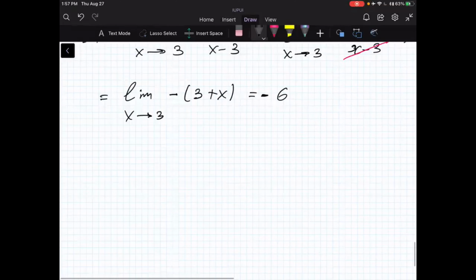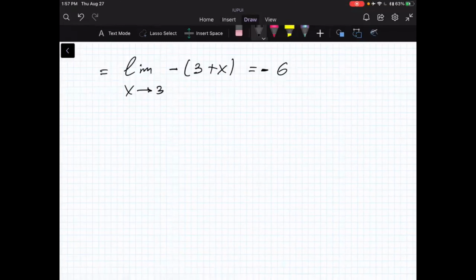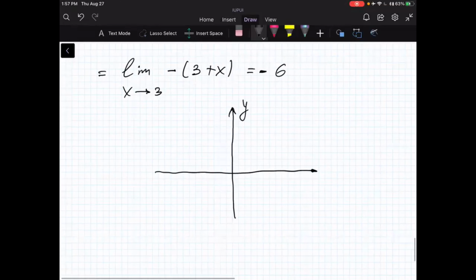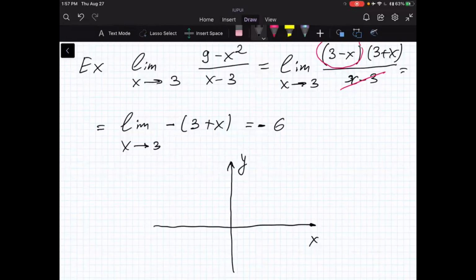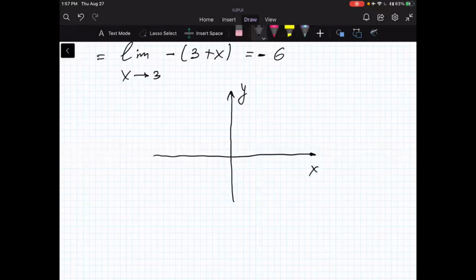And let's see what happens with the graph of this function. Again, if we do the same cancellation, we see that our function 9 minus x squared over x minus 3 is the same as another function. First of all, what is the domain of our function?